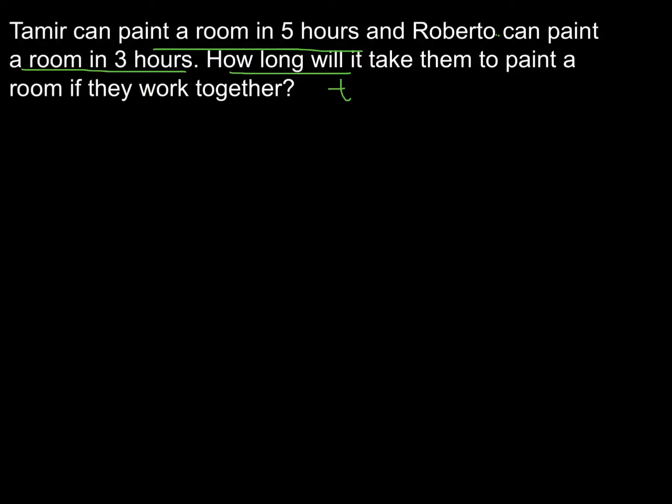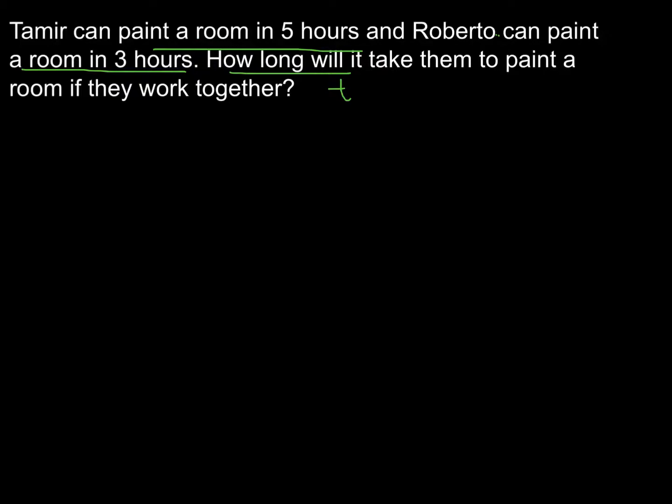So if I'm thinking about how I could represent this as a sentence, the amount of the room that Tamir paints plus the amount of the room that Roberto paints has got to add up to the number of rooms they paint, right? And in this case, it's 1.